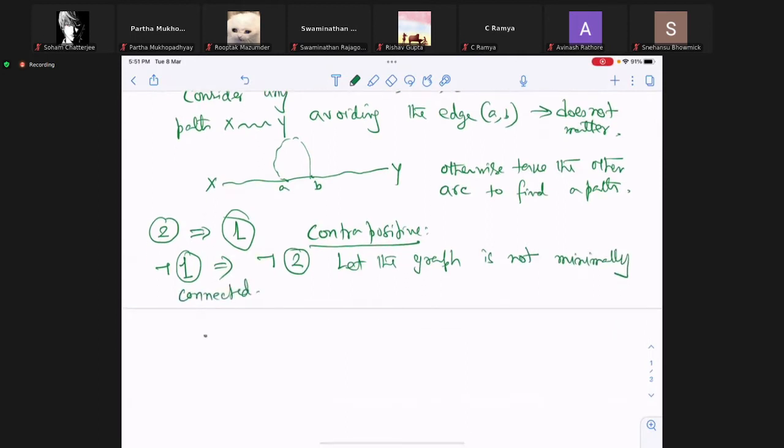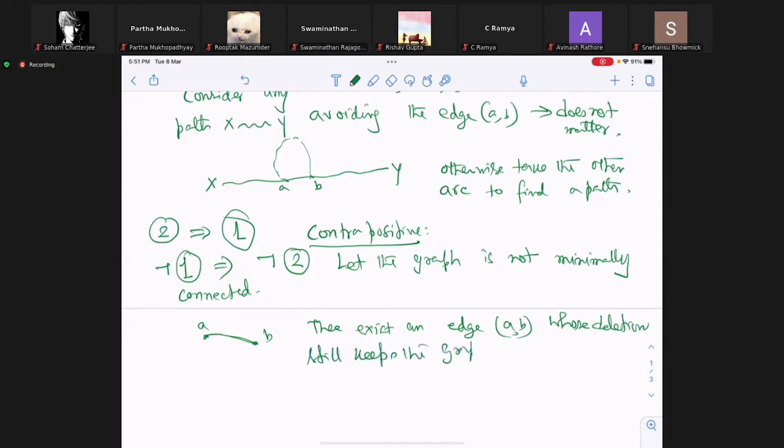That means there exists an edge AB whose deletion still keeps the graph connected. But then it's very simple: if you delete AB, then A and B must be connected by some other path, not having AB, and that gives a cycle.